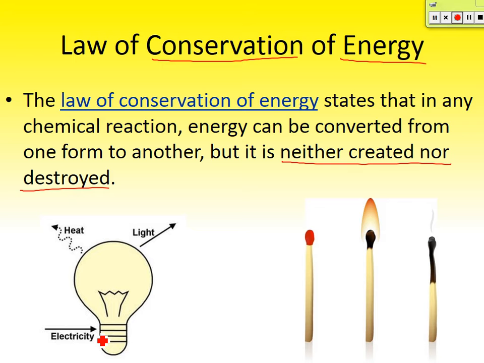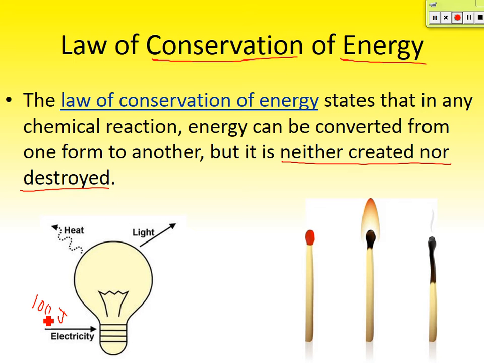Let's put a number to it. Say there was 100 joules, and joules is a unit that measures energy. So what if I had 100 joules of electrical energy coming in? How much energy should I have coming out? 100. We can't create and you can't destroy it. But it can change forms.